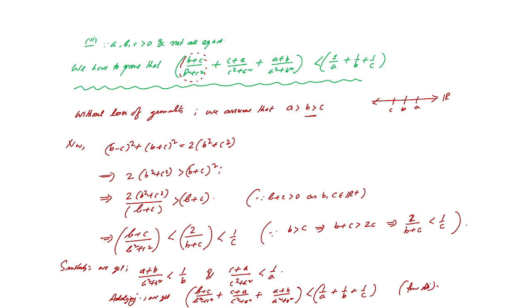Now we'll come to the third problem. So this is also one of the important problems, the third one. So here first we recall some basic facts, basic inequality, and then we'll come to the problem.